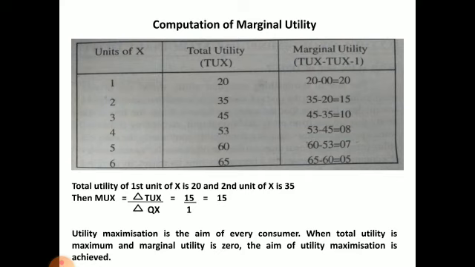It is the change in the total utility of commodity X divided by the change in the quantity of X. If you look at the table, you will see from the first unit of commodity X consumed, the total utility derived is 20.